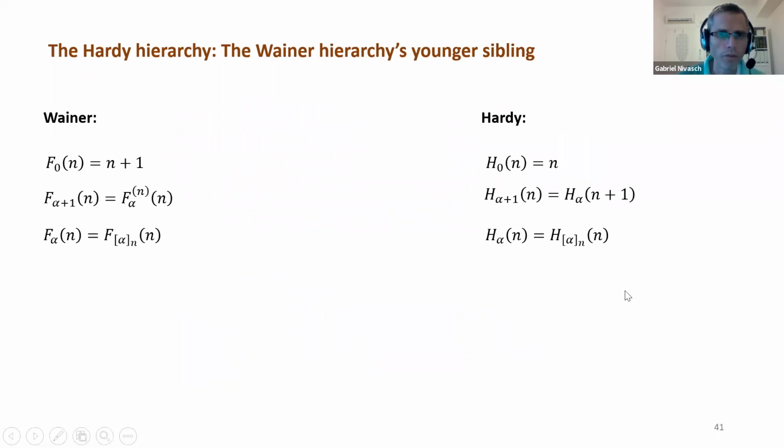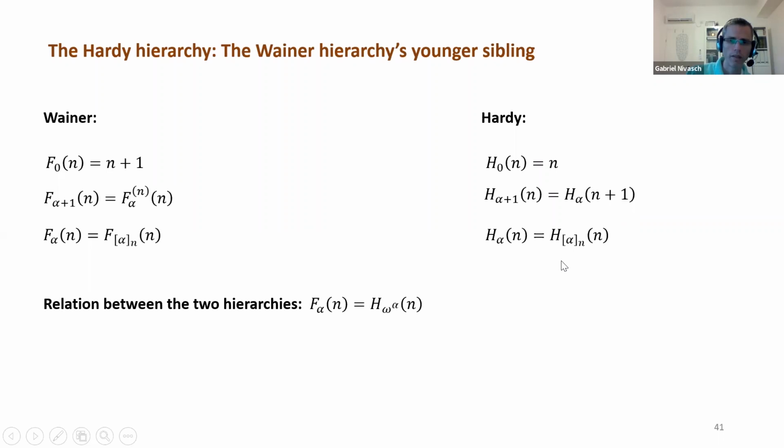A useful tool is something called the Hardy hierarchy, which is sort of the younger sibling of the Wiener hierarchy. It's defined a little differently. For Hardy of alpha plus 1, instead of composing n times, you just add 1 to the input of Hardy of alpha. But for the limits, you do the same thing. And it turns out that F alpha is the same as Hardy omega to the alpha.